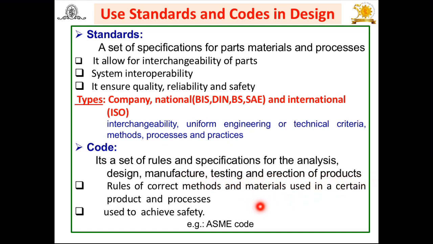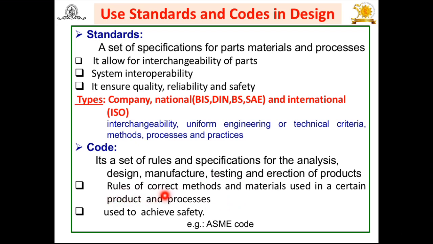Suppose take the example of the ASME code. By using the ASME code, we can decide the value of Syt, Sut by multiplying by 0.18 or 0.30, whichever is minimum. That is for design purposes. The rules and specifications are given for design of shafts in the ASME code.